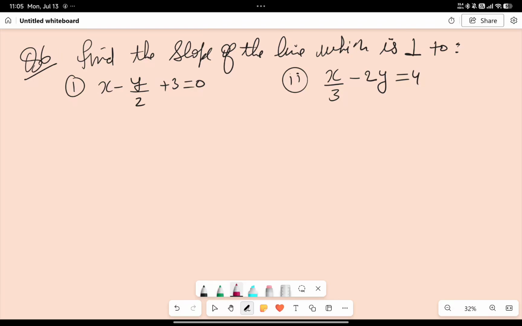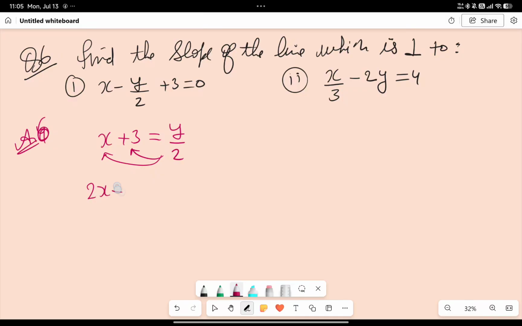Now you see, first of all we have to find the slope of the same line. So here I can write x plus 3 equal to y by 2. Do here multiply, it will do multiplication with both.